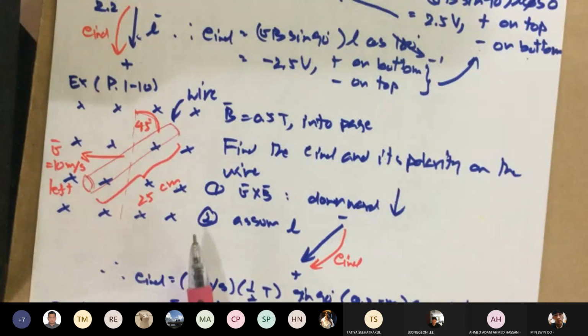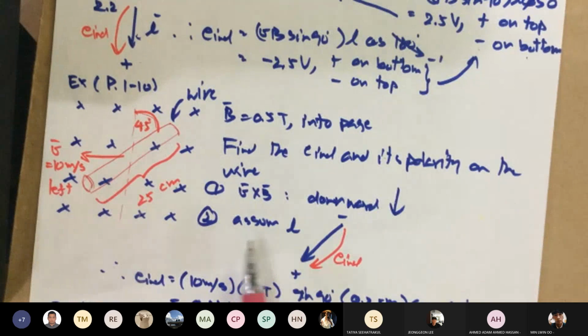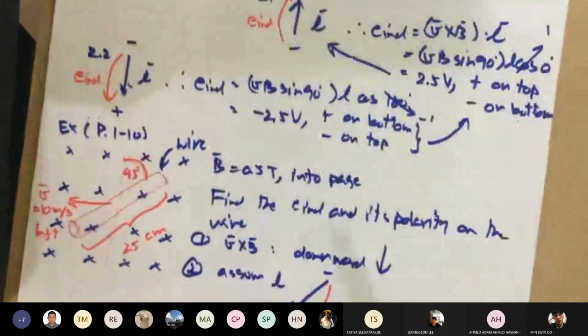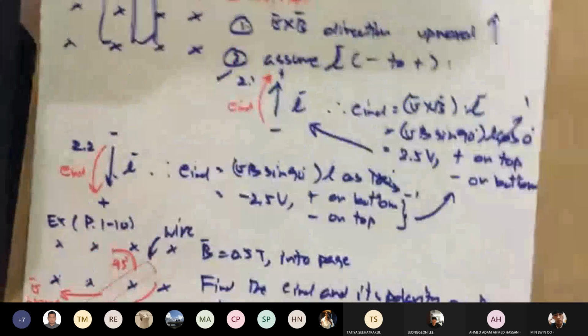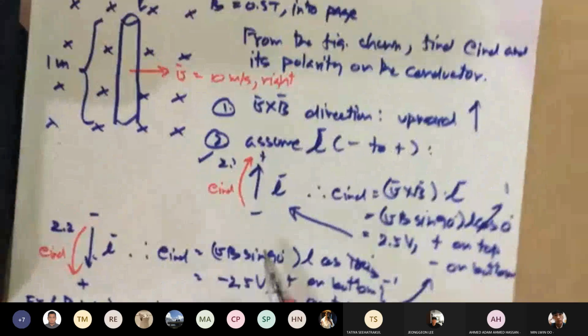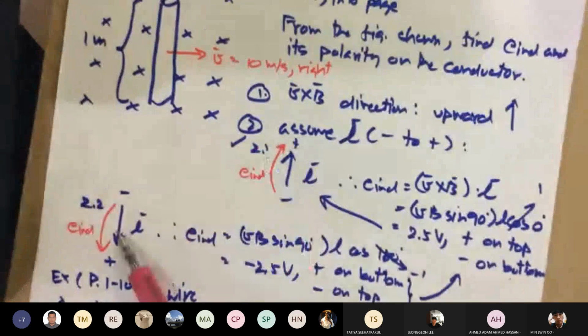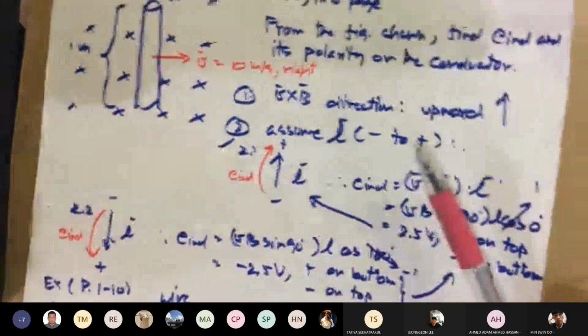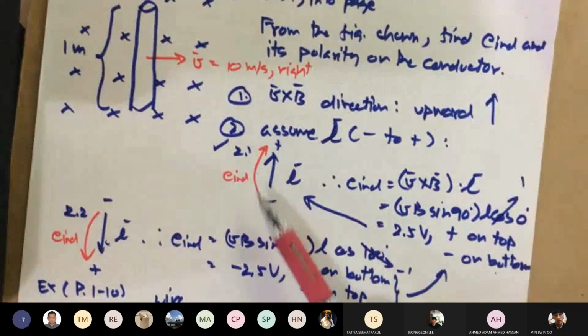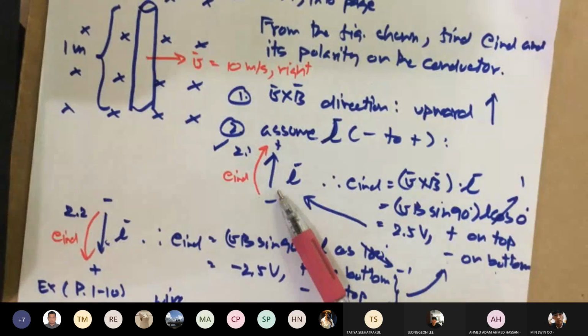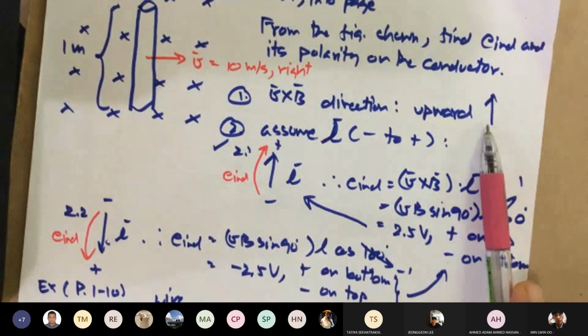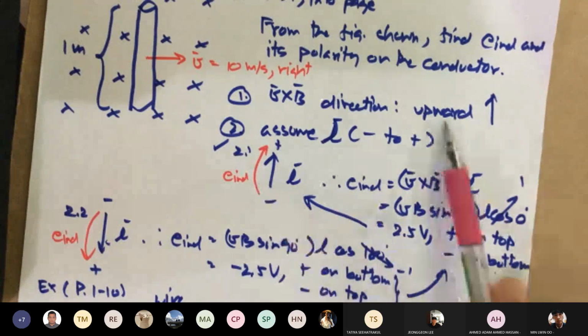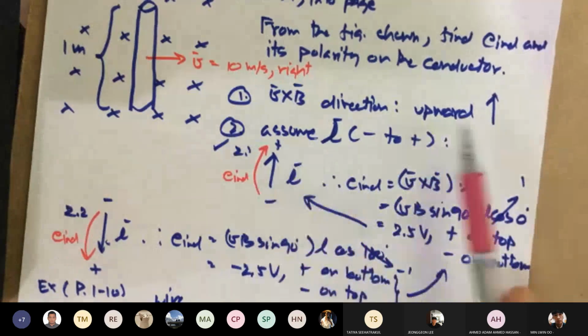Now, assume L. If you notice from the example that we just did earlier, between 2.1 and 2.2, the convention to assume L would be the same trend as V cross B, because that way your angle would be smaller.